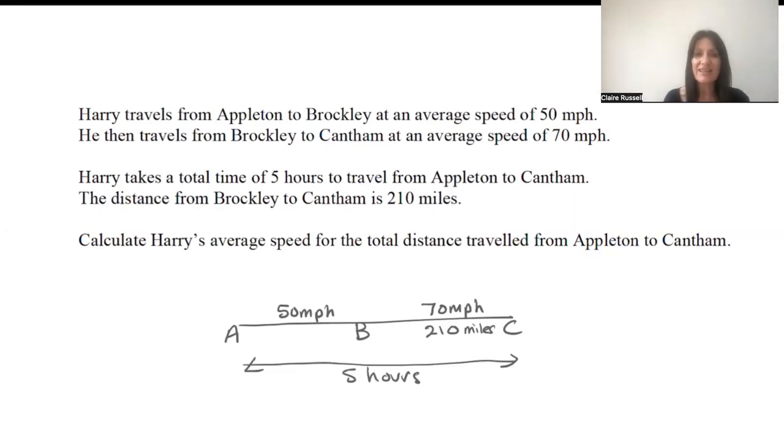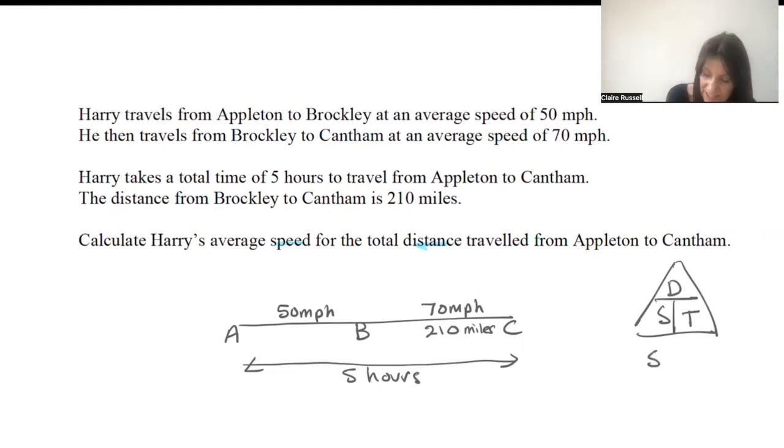I've got to calculate the average speed for the total distance. Okay, so this is a speed, distance, time question, which means I'm going to be using my formula triangle. Okay, I want to work out the average speed. Speed is found by doing distance divided by time.